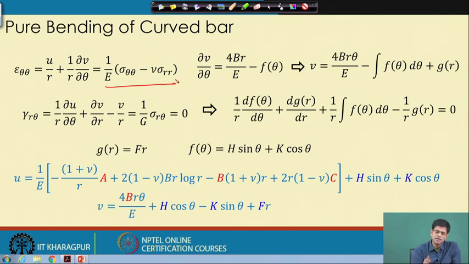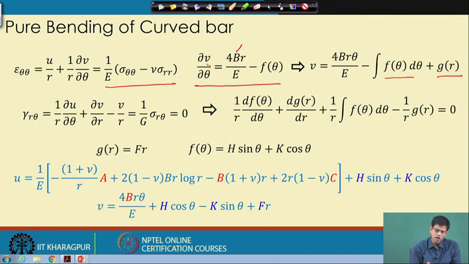this manipulation, and dv d theta becomes this, which involves only one constant, which is b, and this f theta. So, f theta is coming from the solution of u in the previous slide. Now this dv d theta, if I integrate, becomes 4 b r theta by e minus integral of f theta d theta plus g r.